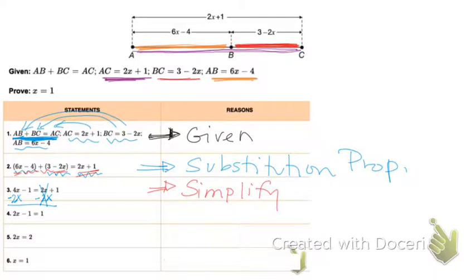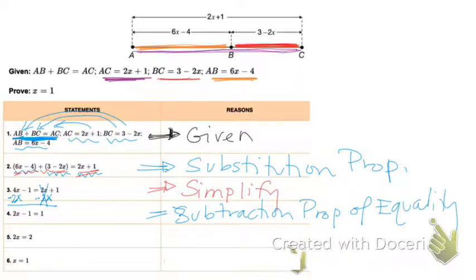And that's how I got to what I'm now stating in step 4. So what allows me to subtract the same number on both sides of the equal sign? That's called the subtraction property of equality.